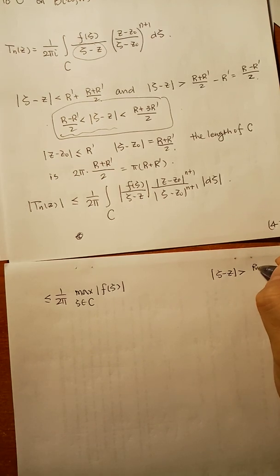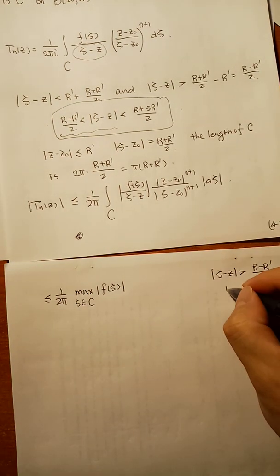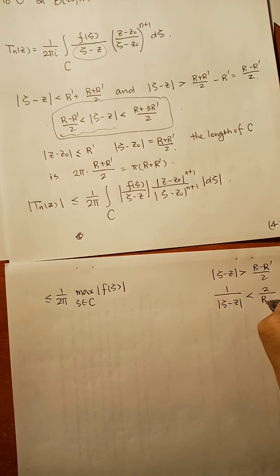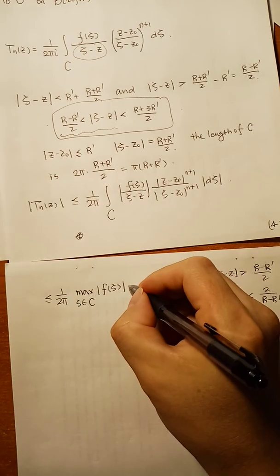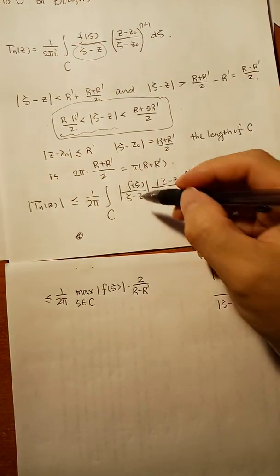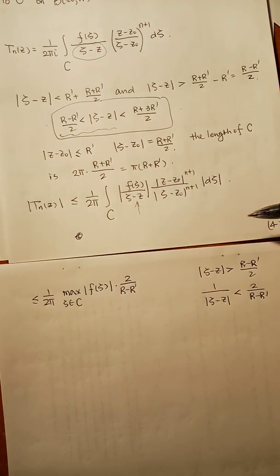If you have it greater than r minus r prime over 2, when you flip it, you get less than, so times the reciprocal. So it's times 2 over r minus r prime. Okay, so that's this theta minus z.